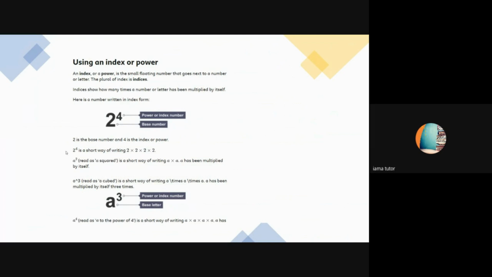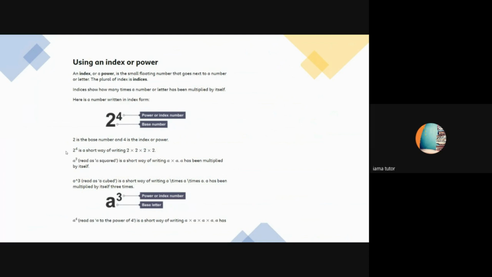An index or a power is the small floating number that goes next to the number or the letter. Here you can see an example where there is a number 2 in a bigger size, and the number 4 on a smaller scale, floating at the head of the 2.